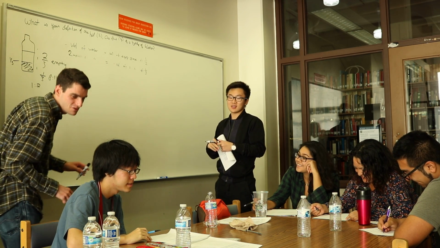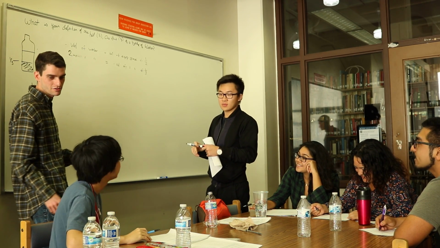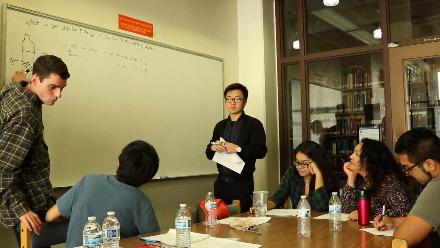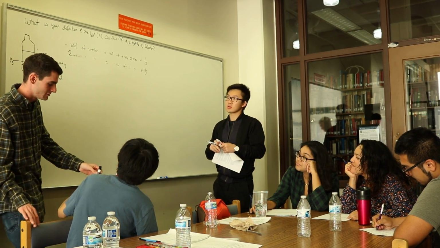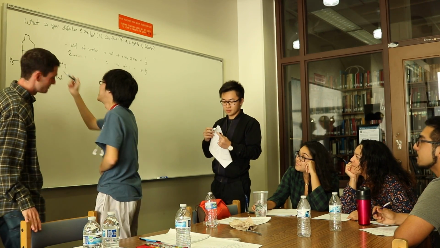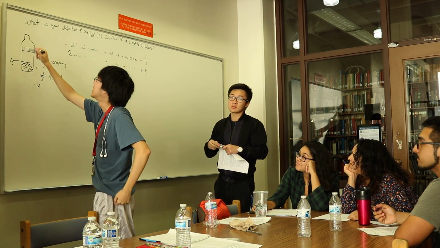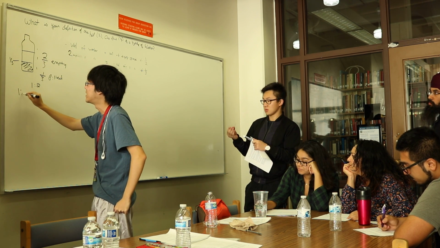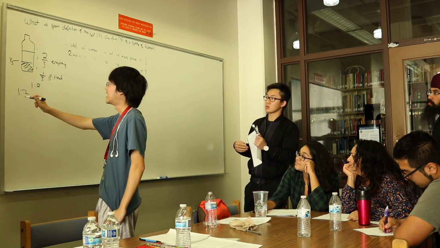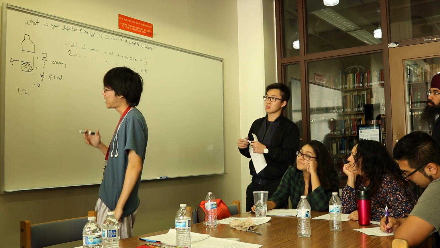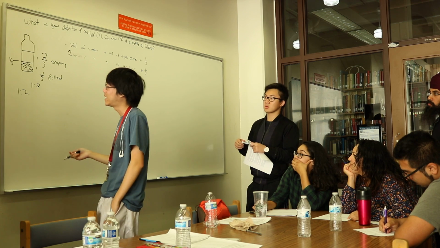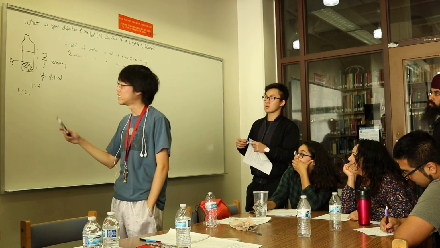Arthur, can you show how to find the ratio of water to air in the bottle? Since you have this much water and twice as much empty space, it would be 1 to 2. Normally, if you can simplify it, you need to simplify it, but 1 to 2 is already as simple as you can get it. So your answer is just 1 to 2.